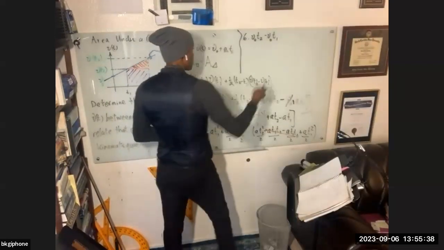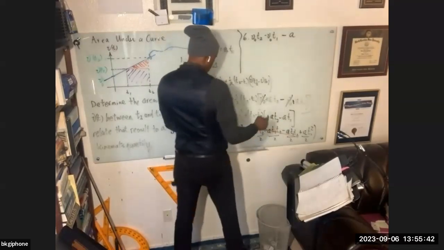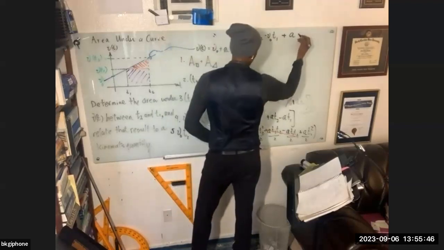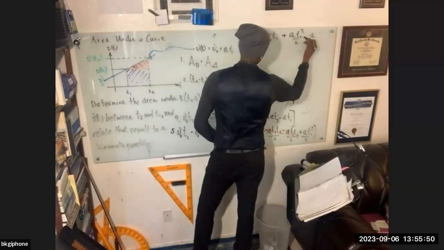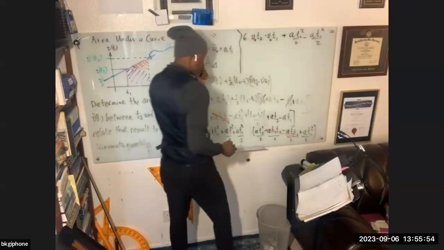And that'll do it. So I have a plus AT2 squared. That's just still there, just write that down. Then a minus AT1 squared over 2.